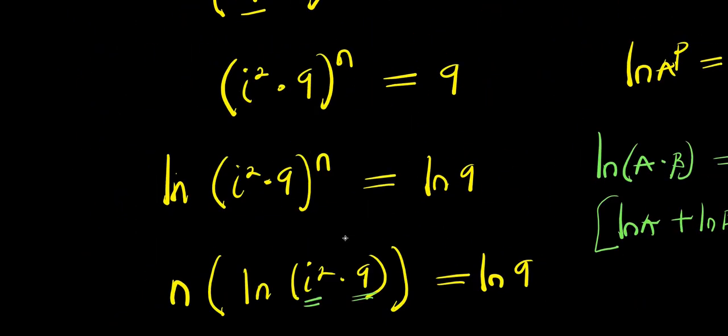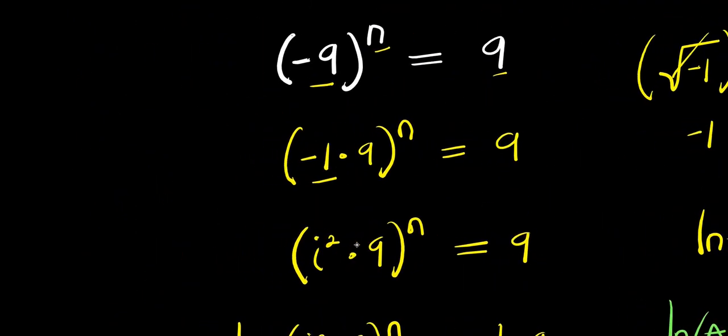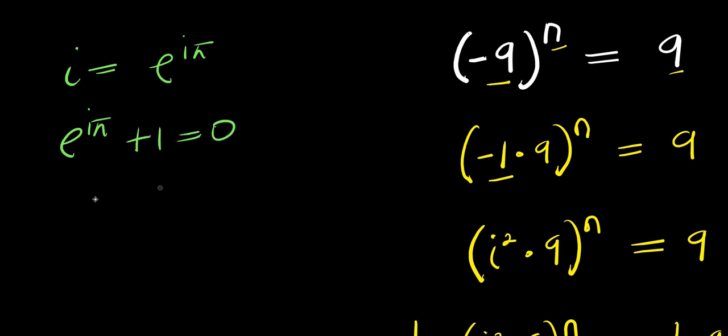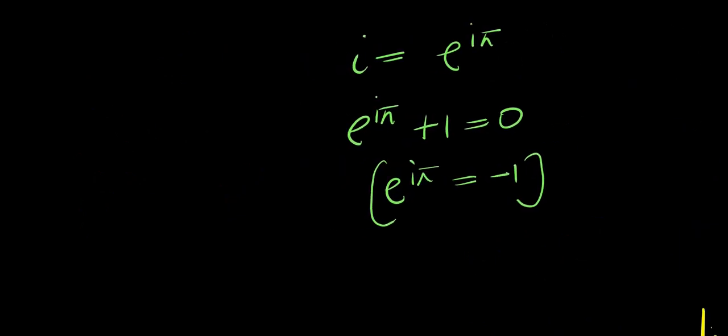We can also go ahead and solve when i equals e power i times pi. Remember, e power i times pi plus 1 equals 0, meaning e power i times pi equals negative 1. So let's do that.